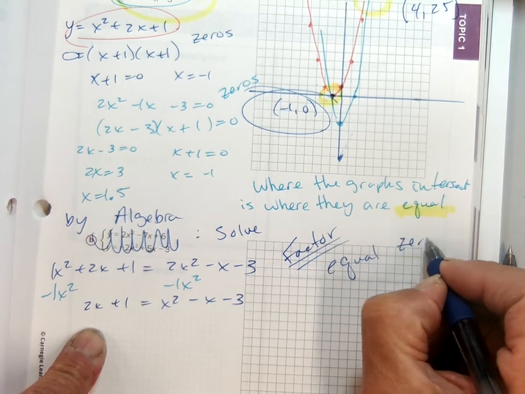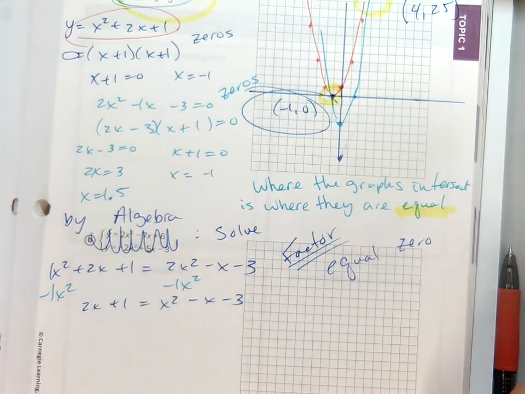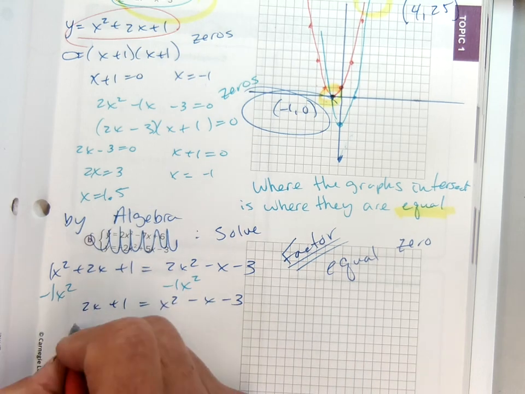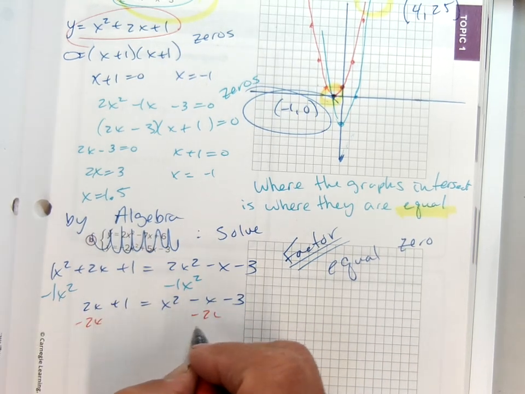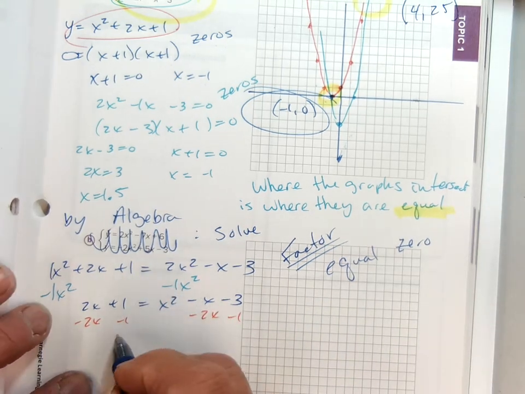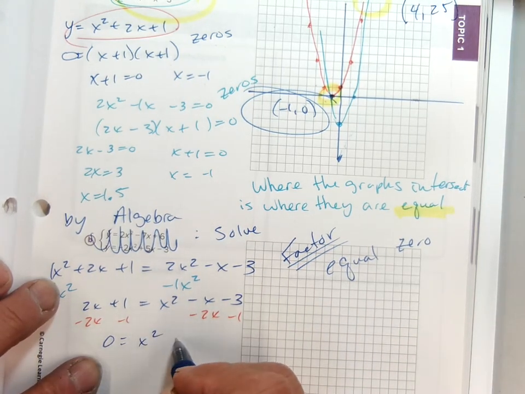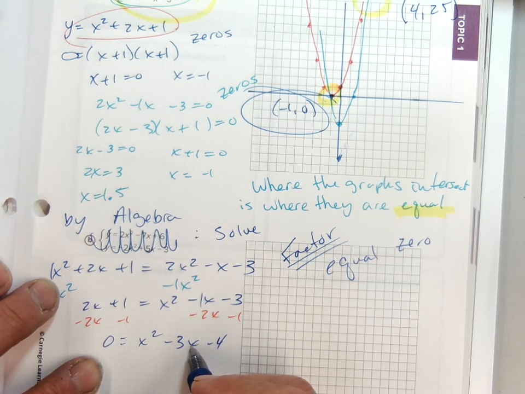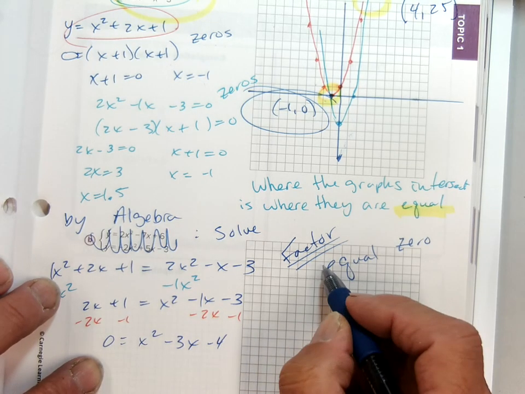I'm going to subtract 2x and subtract 1. Let's see what I get: 0 equals x squared minus 3x minus 4.